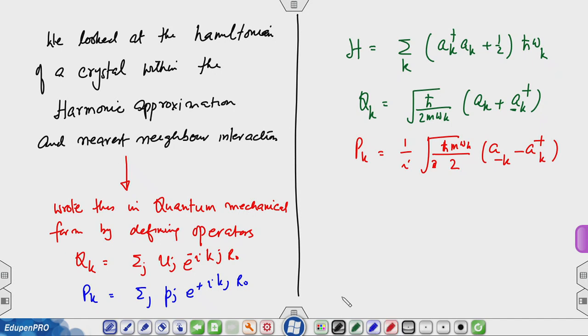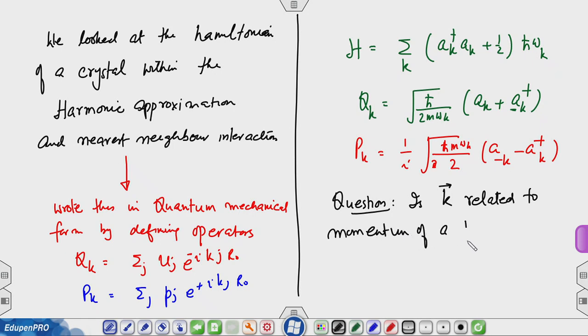One question I can ask now is, is k, and in 3D it will be k vector, related to the momentum of a phonon or momentum of the lattice?